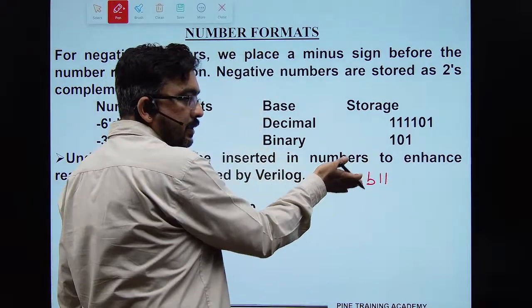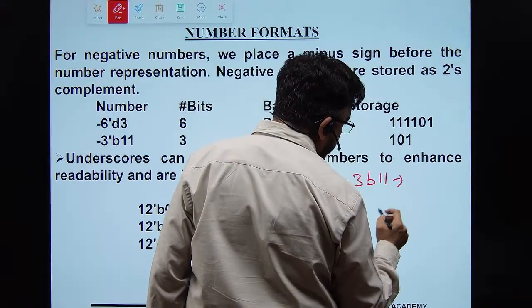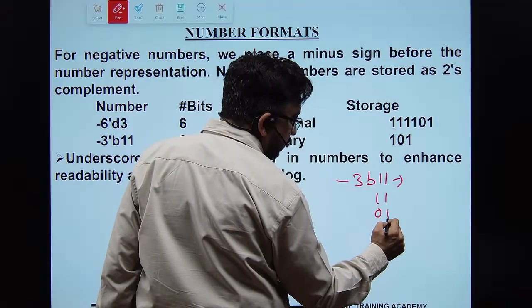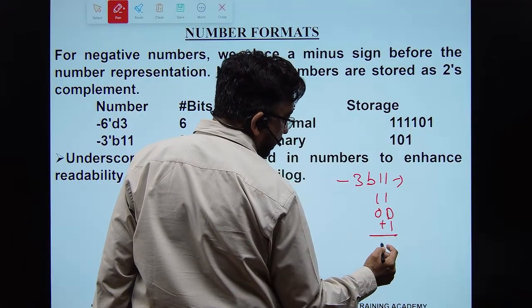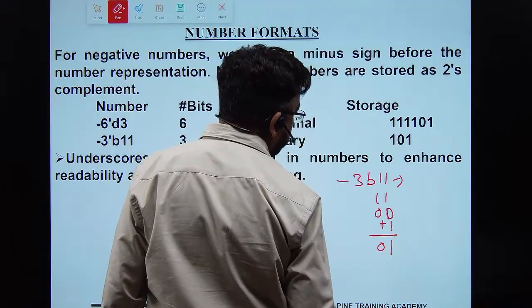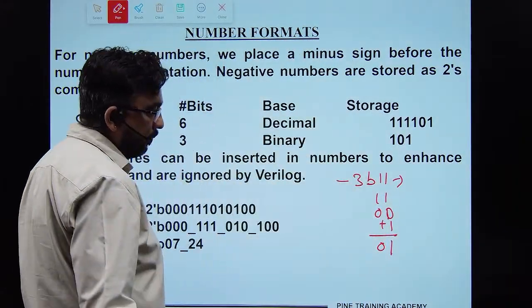You can write anything, 0 1 1, 0, anything. So this 11 will be inverted to get the 1's complement, 0 0, then add 1, then it will become what? 0 1. Am I right? Yeah. Okay, so now what will happen here?